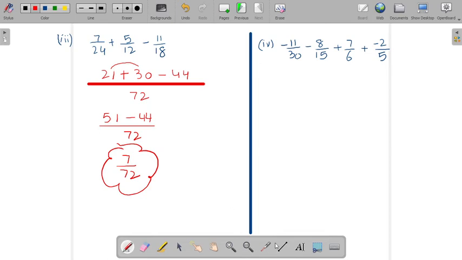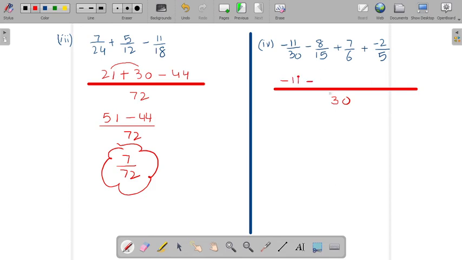In the fourth part, again the denominators are positive, so you will find the LCM of 30, 15, 6 and 5. So the LCM would be 30 here. The LCM would be 30. Now same procedure we will follow.